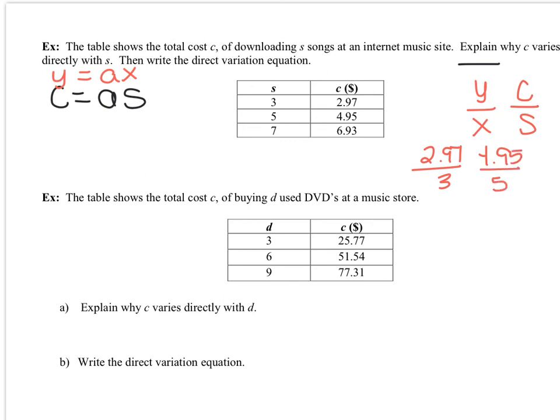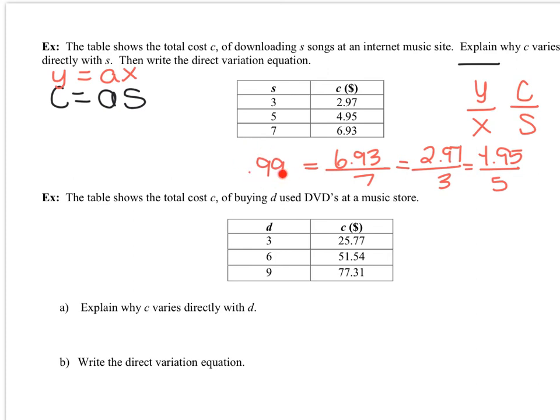If you divide that by 5, you're going to get 0.99. And then your third cost is $6.93. And if you divide that by 7, you're also going to get 0.99. So because every ratio is constant, then it is in fact direct variation. And every time I divided, they were equal, and they equaled 0.99.